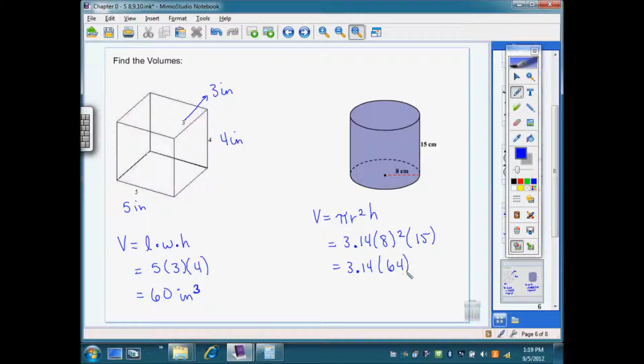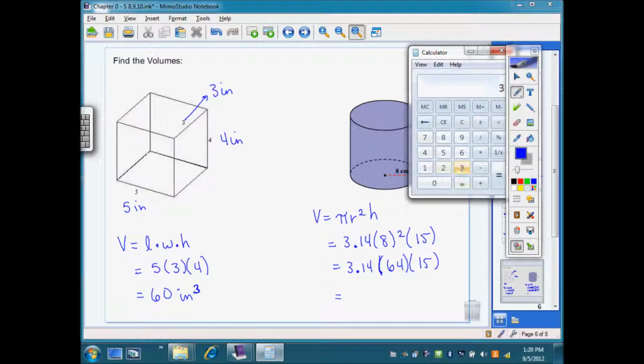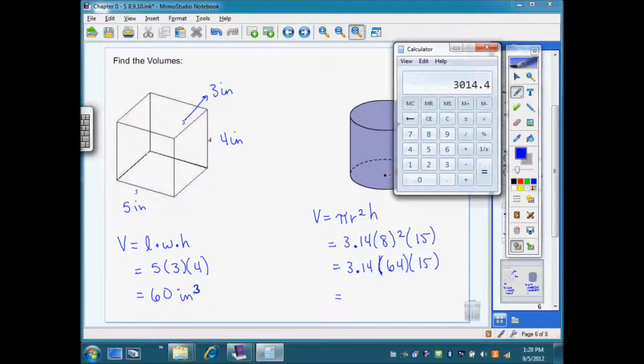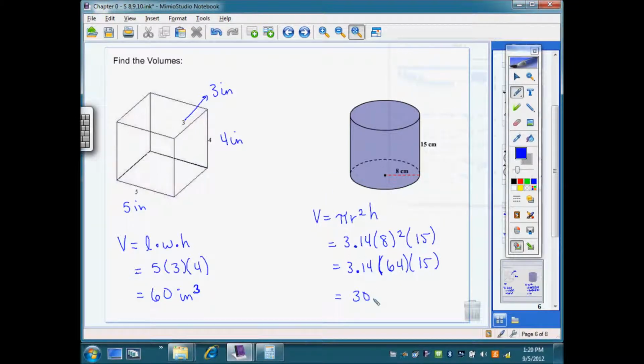So 8 squared is 64 times 15. So this is 3014.4 centimeters cubed.